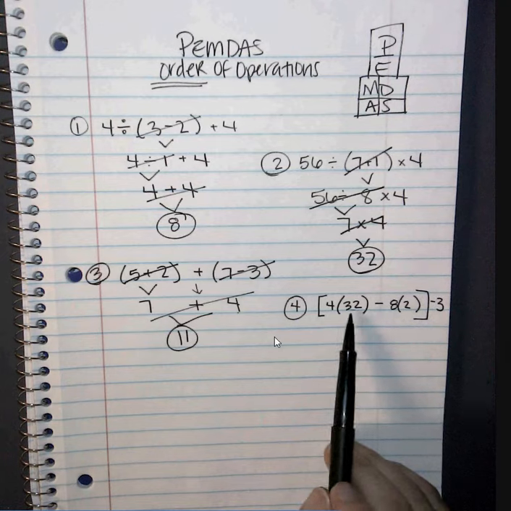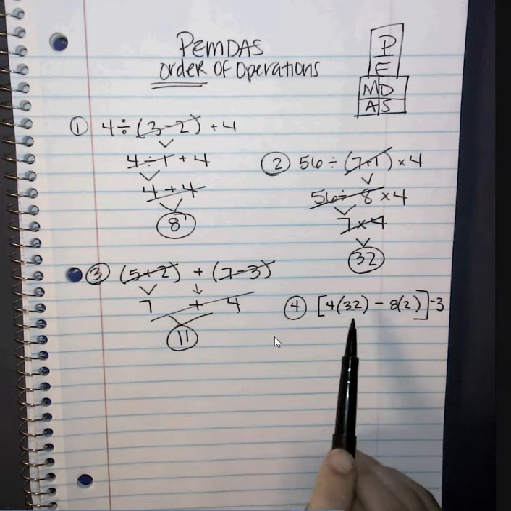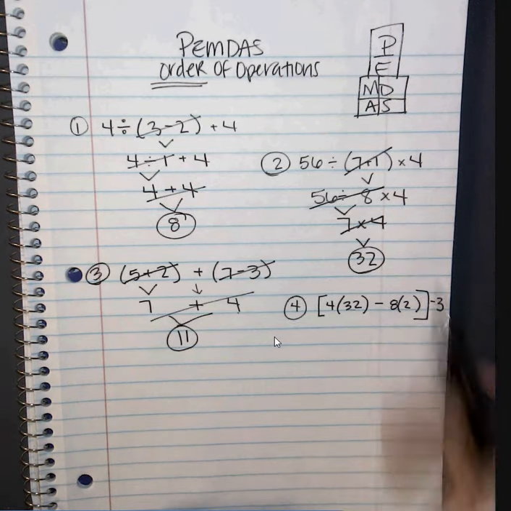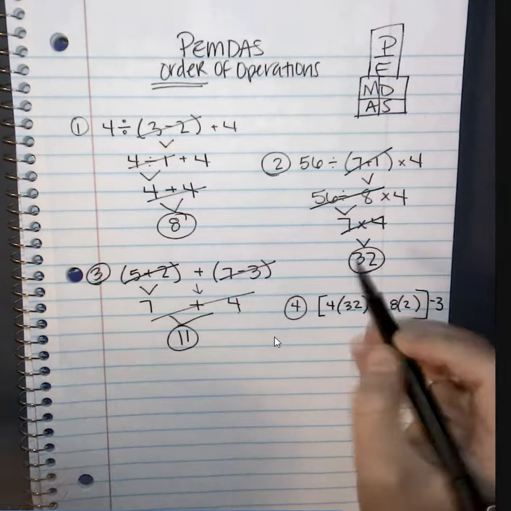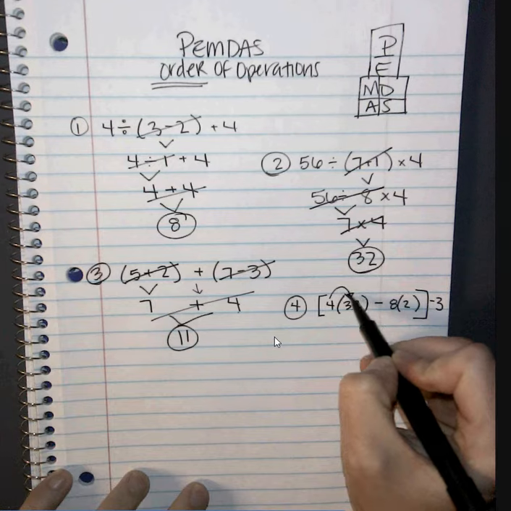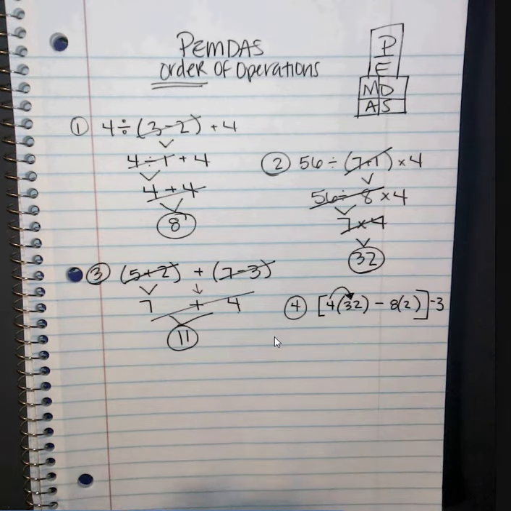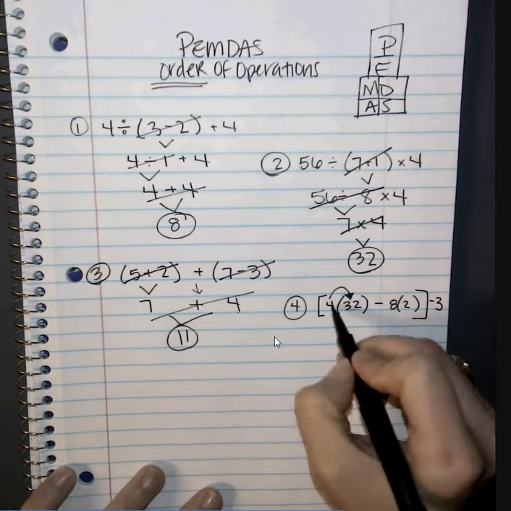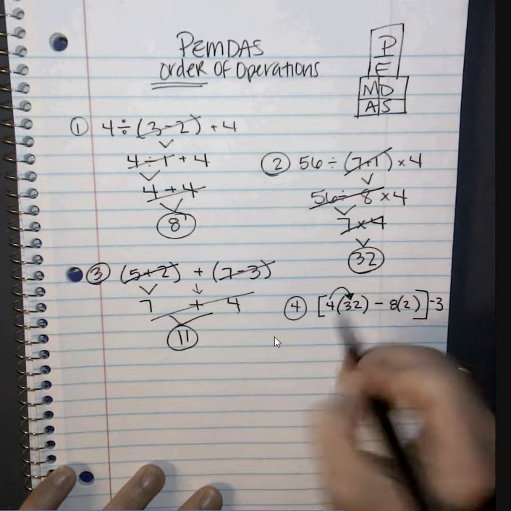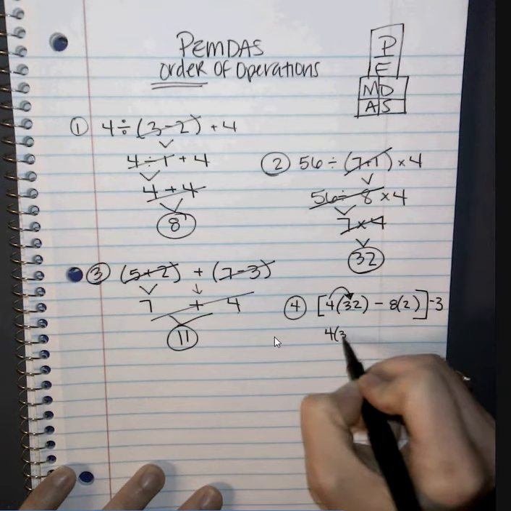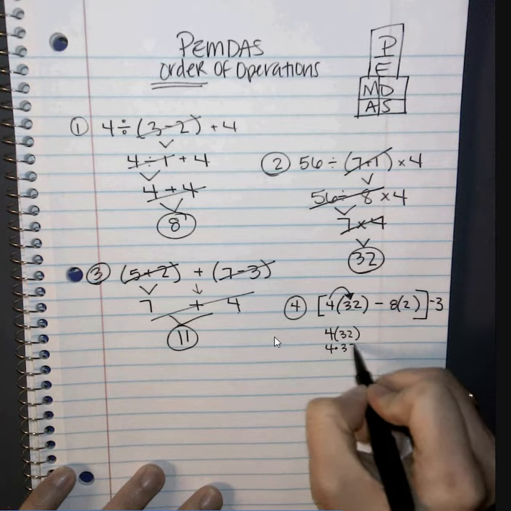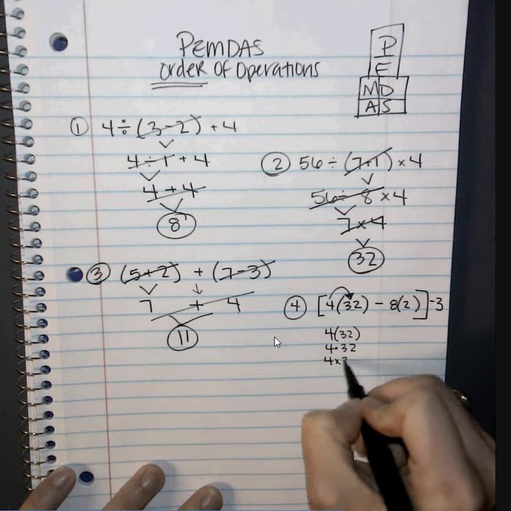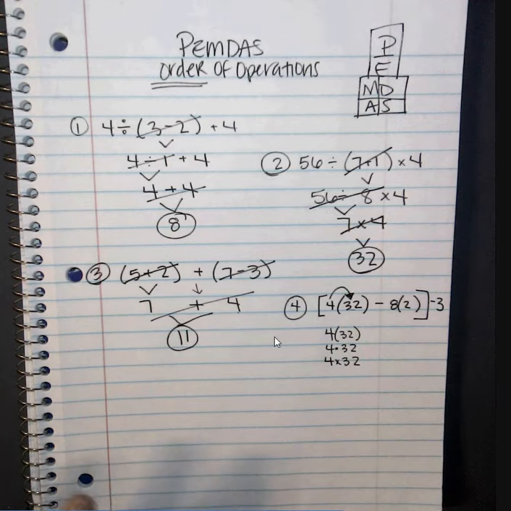Well, you're going to take the number that's outside of that parentheses on the left-hand side, and you're going to apply it on the inside. That means you're going to multiply. So 4 into 32 is the same thing as seeing 4 times 32. They're all the exact same thing.